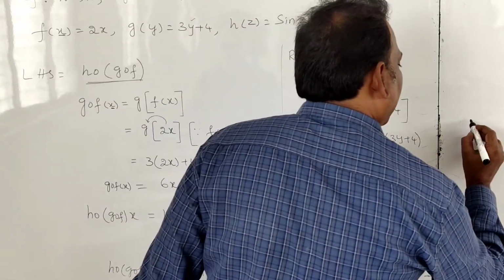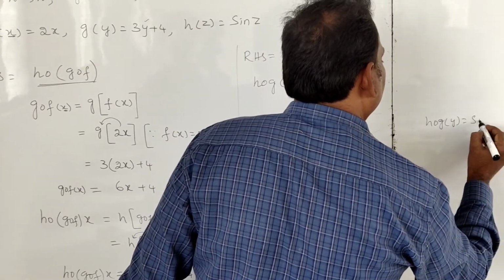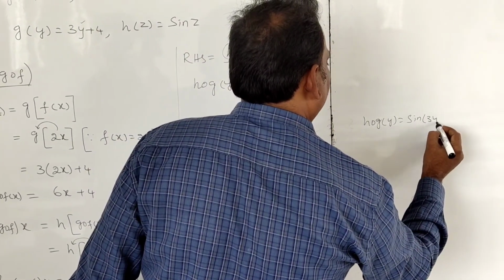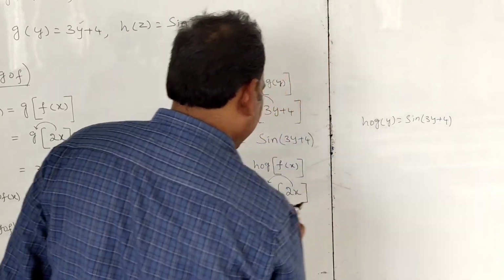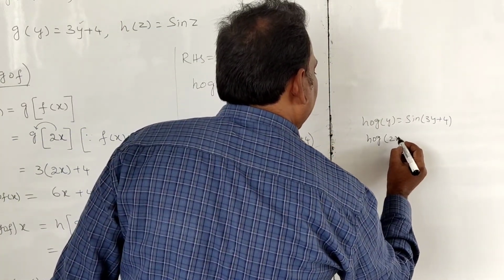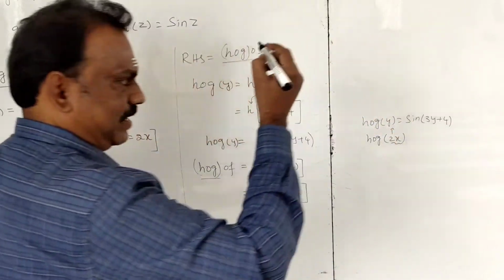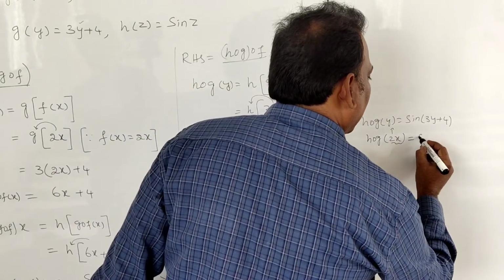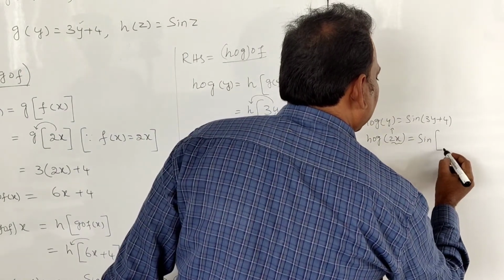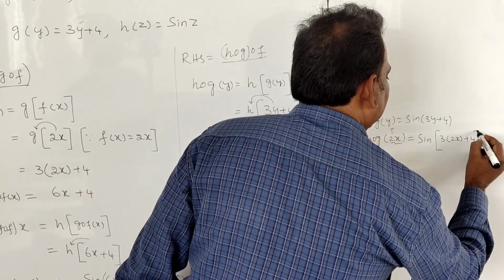See, students, h circle g of y is equal to sin of 3y plus 4. We need h circle g of 2x. So 2x lies in the place of y. So on the right side also, where y is, there we are going to replace 2x.